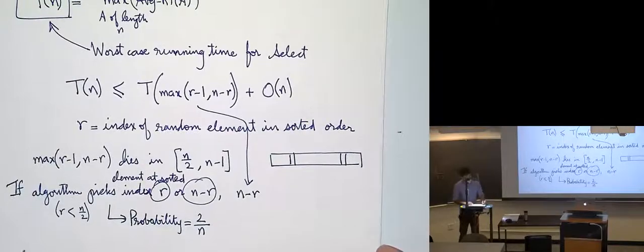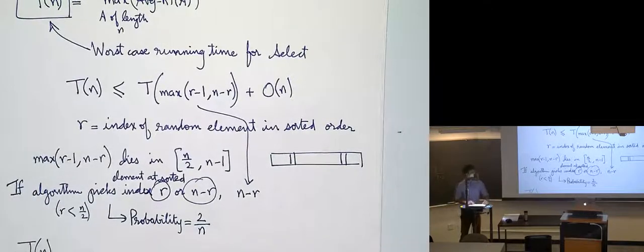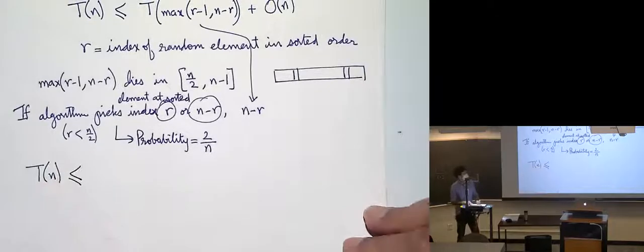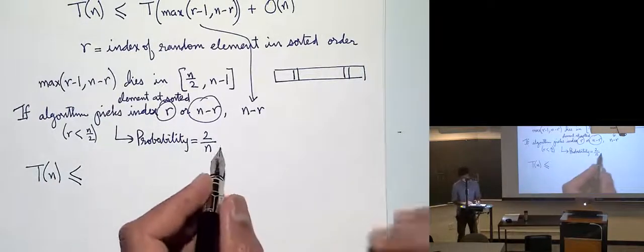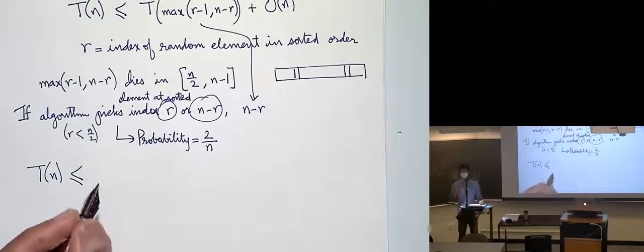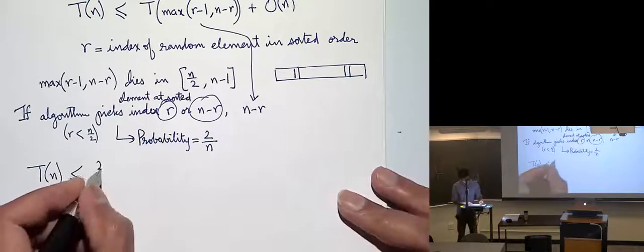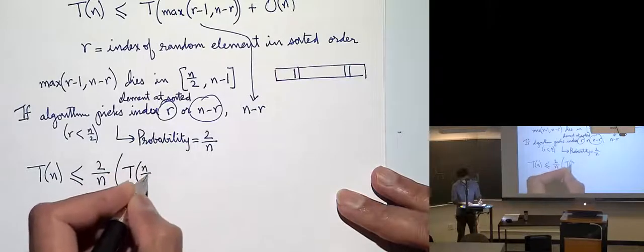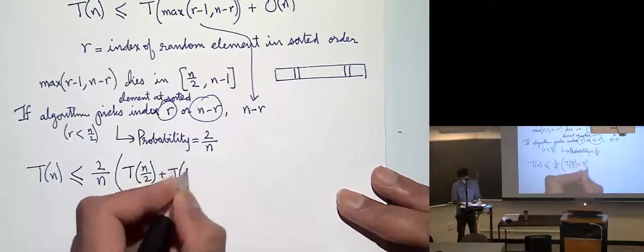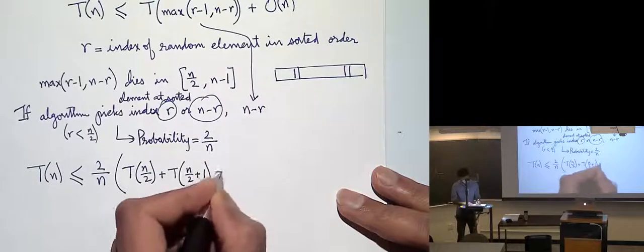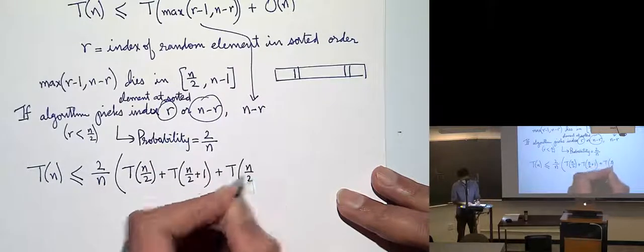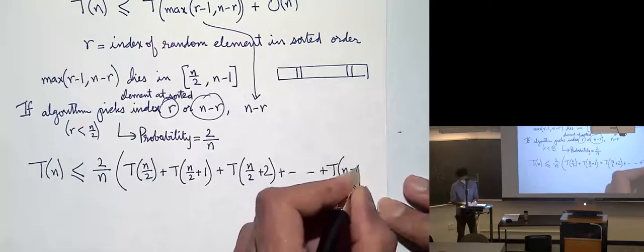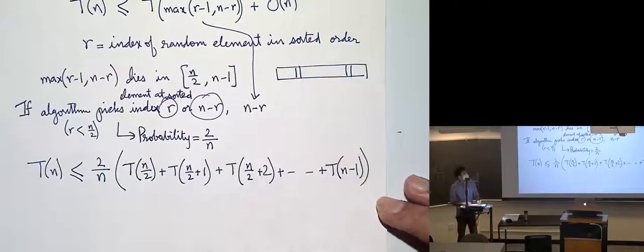So if you average, what you get is T of n is at most, okay, let me write something and then you ask me if there's any confusion. Probably 2 over n times T of n over 2, plus T of n over 2 plus 1, plus T of n over 2 plus 2, and so on up to T of n minus 1, plus O of n.